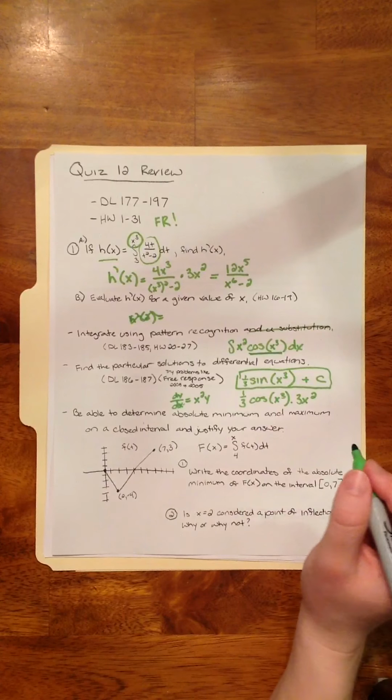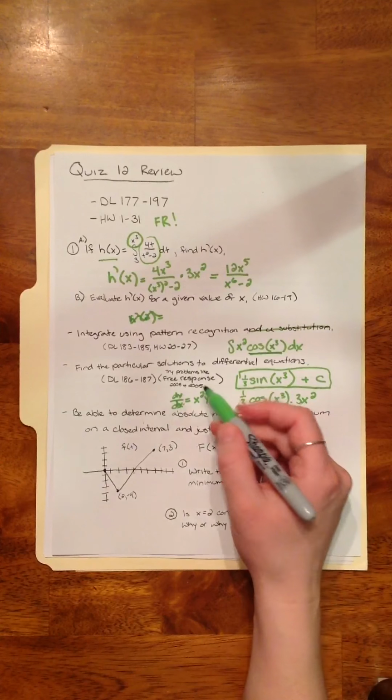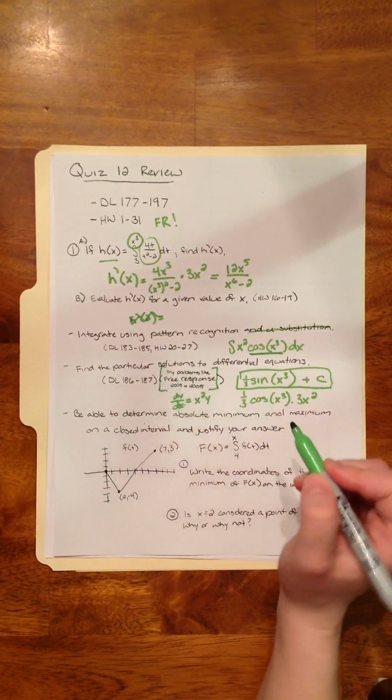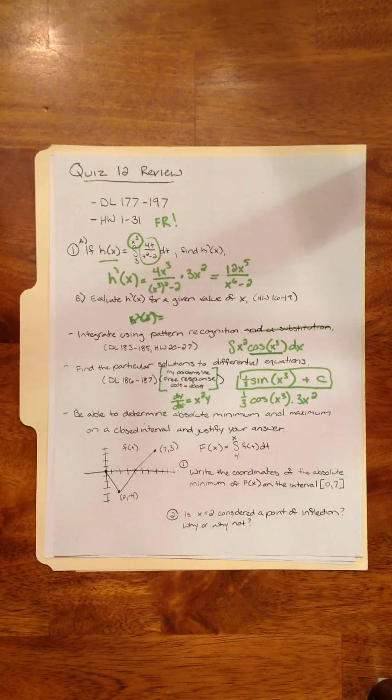Just do yourself a favor, make sure that you know those. It even says try problems like free response, and it gives specific ones, 2008 and 2005. If you don't know them, ask me or look at YouTube. There are people explaining them step by step. You can skip to the parts that you need.